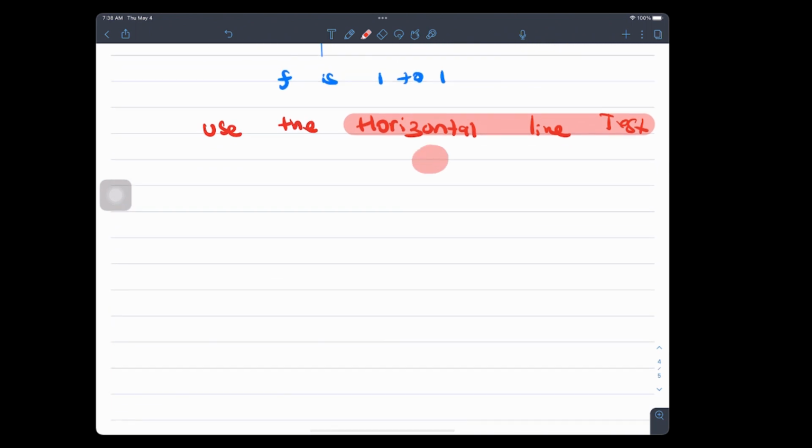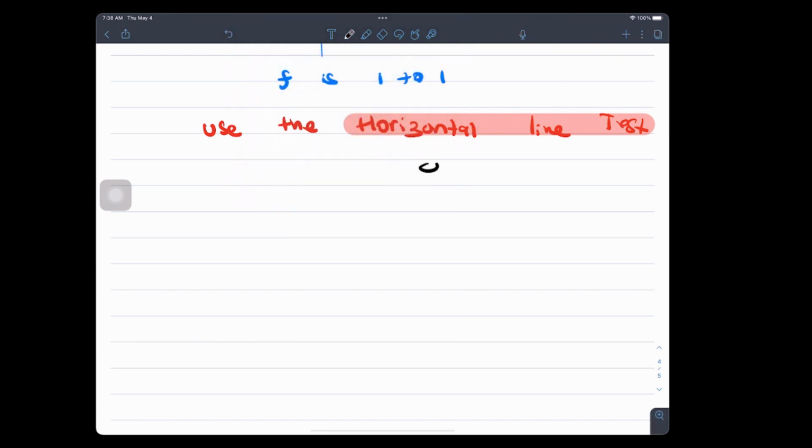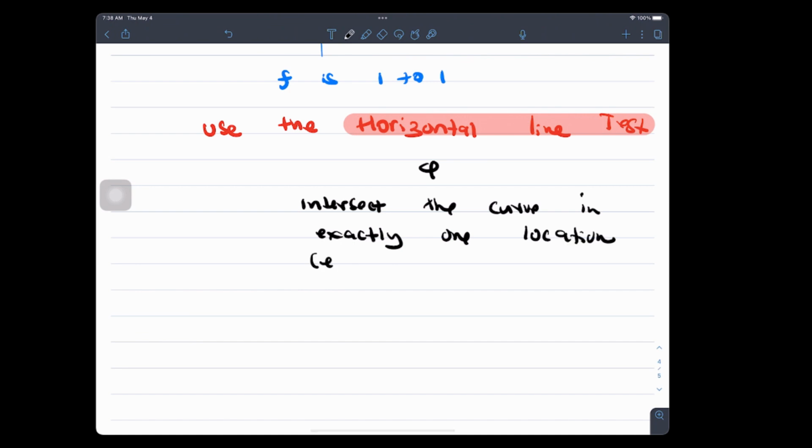Do you guys know what the horizontal line test is to see if a function is one-to-one? Your horizontal line has to intersect the curve in exactly one location, everywhere on the curve.